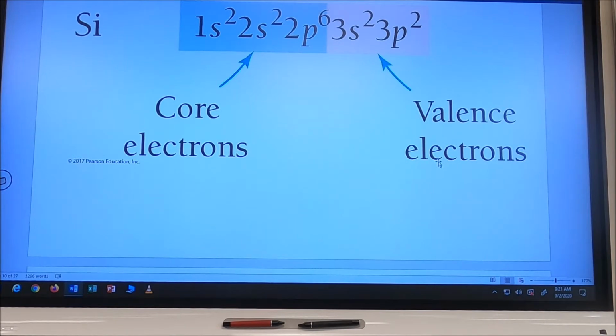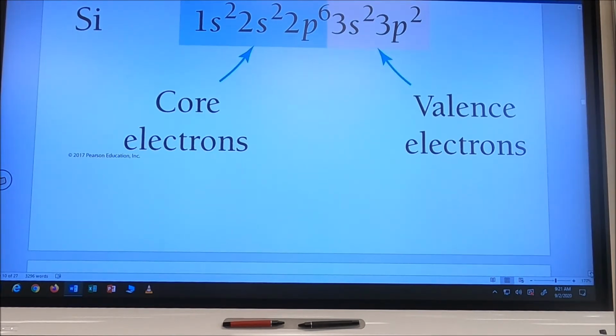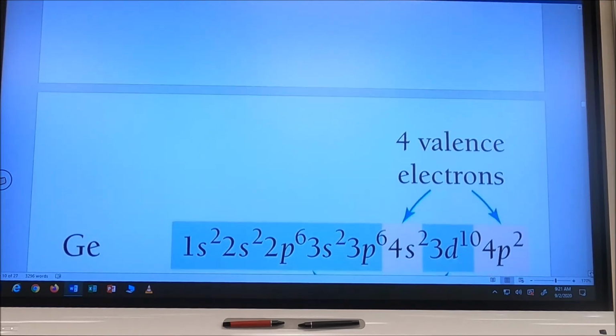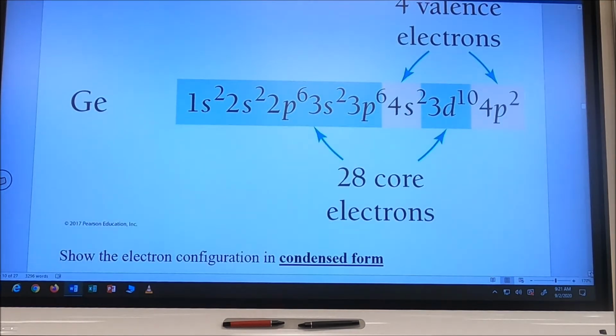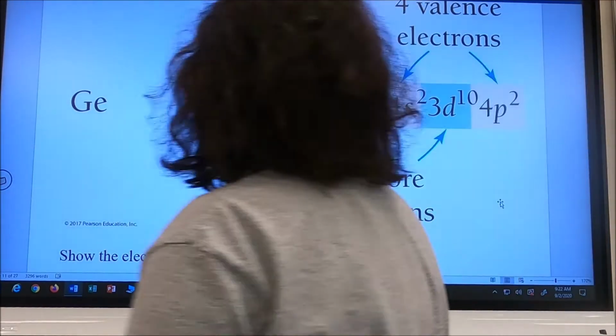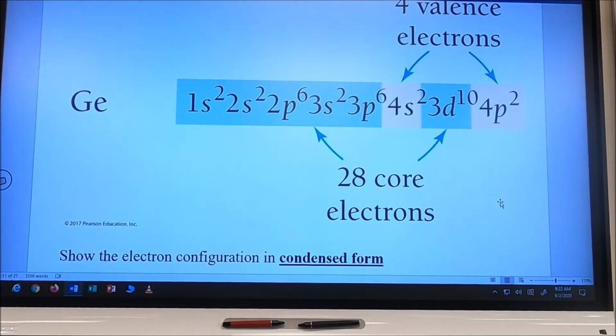Let's look at another example. I think I have another one embedded in here. Okay, here's germanium. Germanium is, again, another main group element.